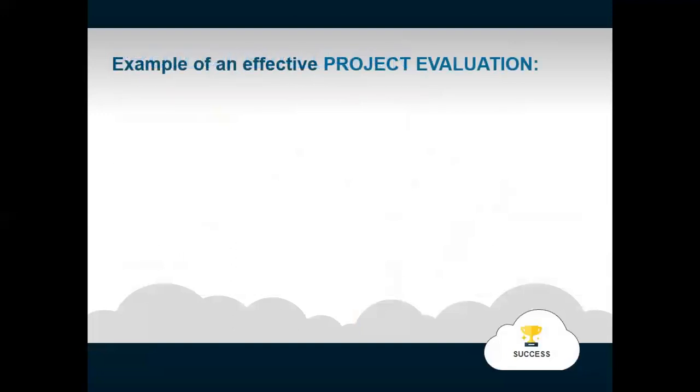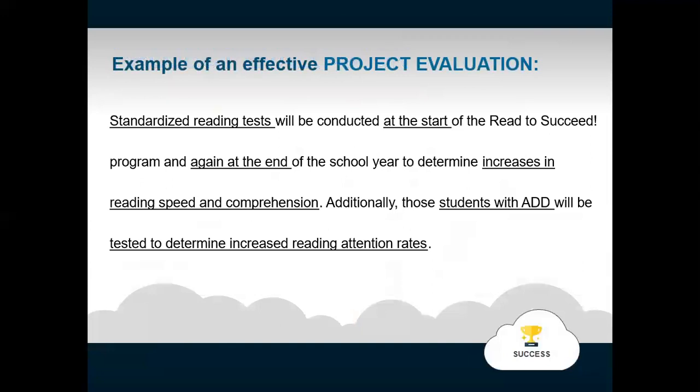So let's just look at an example of an effective project evaluation. Standardized reading tests: you can see that they conducted those at the start of their program and then again at the end. So they had a pre-test and a post-test for this particular project. And they wanted to determine what the increases in reading speed were.